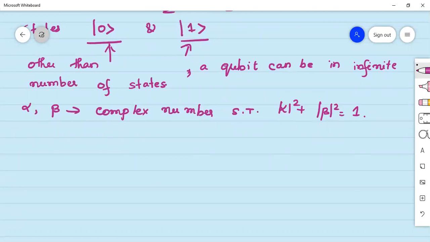So here 0 and 1 are called basis states.